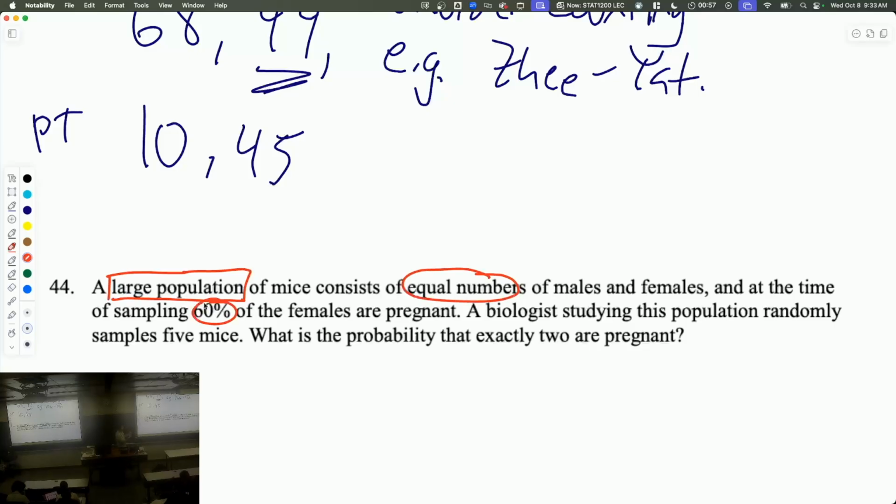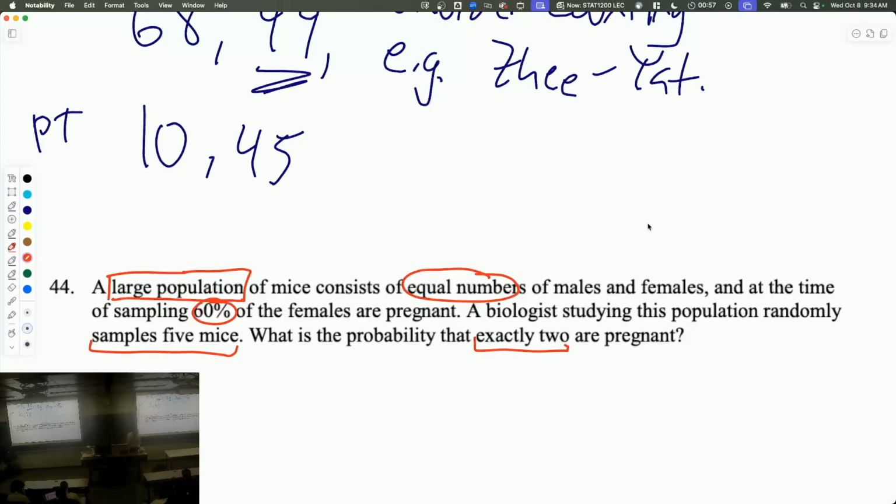That helps me think about how I'm going to combine this. And then there's sampling 5 mice and exactly 2. I think those are the important clues. Obviously we're going to need everything to put it together, but if you miss one of those things that is circled or underlined, you will not be able to do the problem. So those are the important things we have to combine.